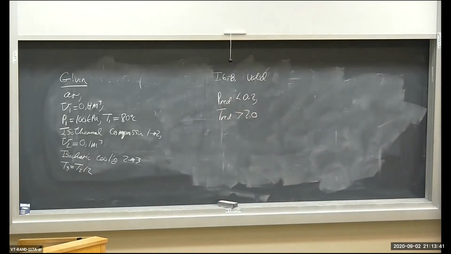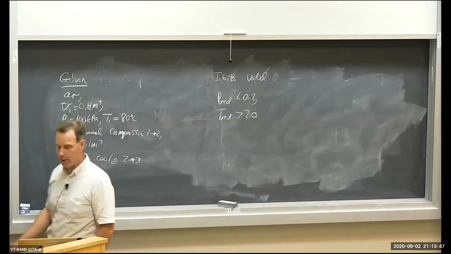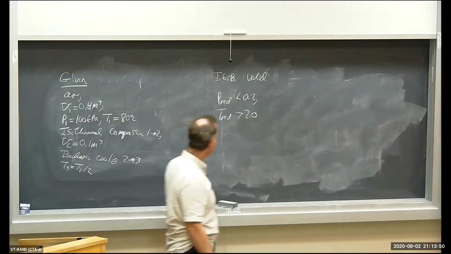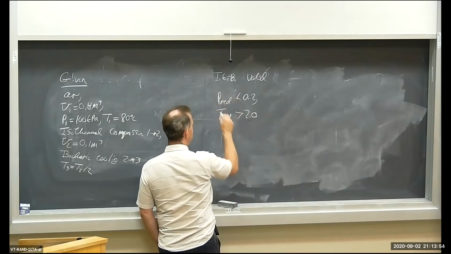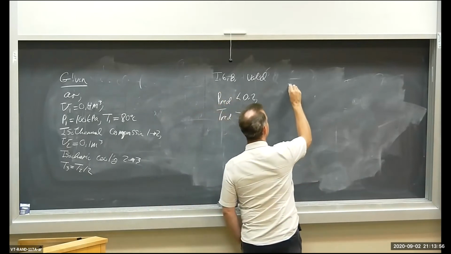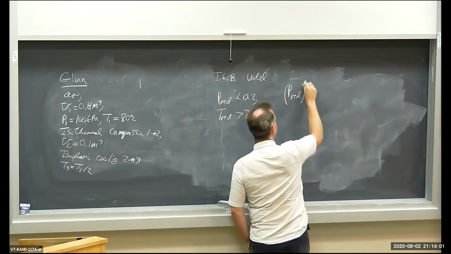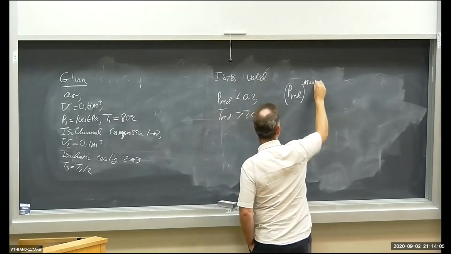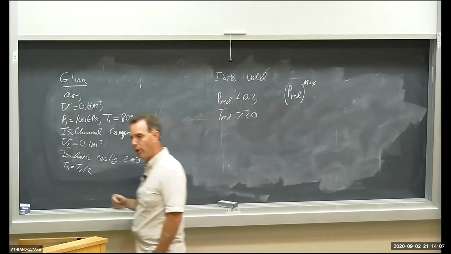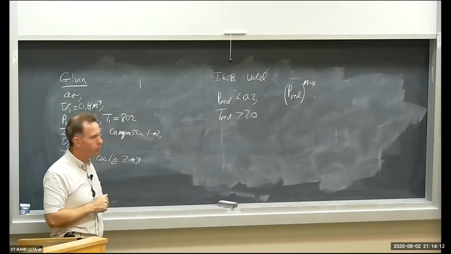Z is approximately equal to 1, and your answers are going to be good to within 1% or 2% if these are the case. Let's find the maximum reduced pressure in our process. If it is below 0.2, we're good to go everywhere.